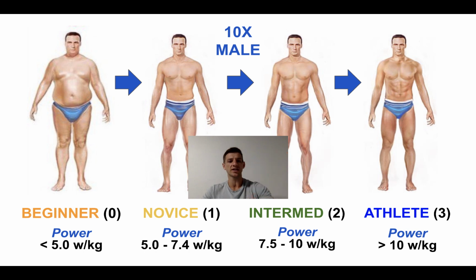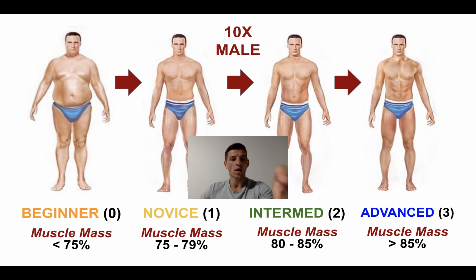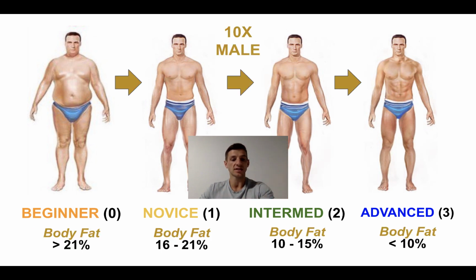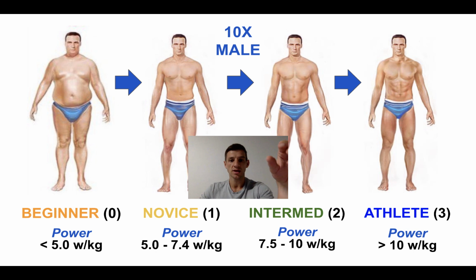Okay, likewise, if we look at novice, a novice body will have a power to weight ratio of 5.5 to 7.4 watts per kg. Likewise, his muscle mass would be between 75 and 79%, and his body fat 16 to 21. Okay, again, the intermediate would be between 7.5 and 10, and an athlete would be at 10.